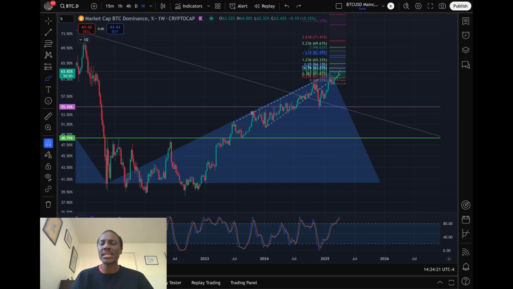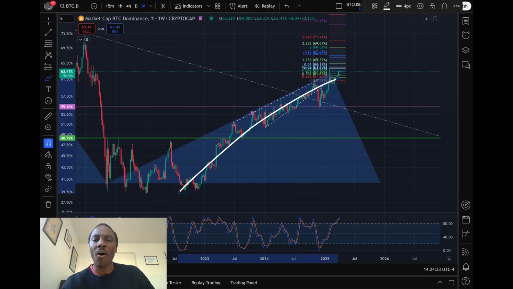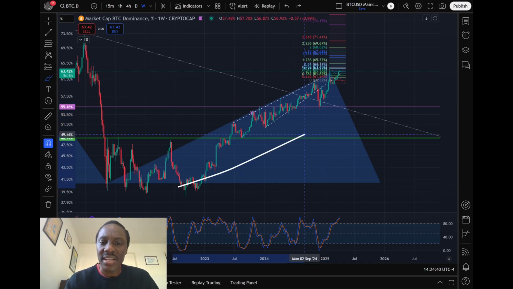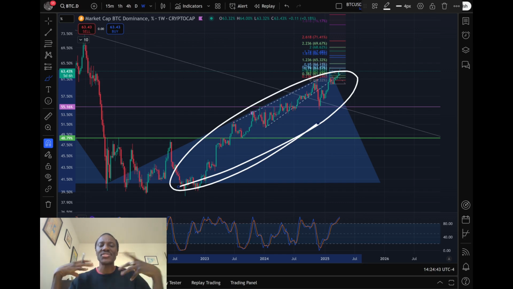Okay, that basically means that Bitcoin's beating altcoins in market cap gains. So that means either Bitcoin's going down and altcoins are going down more, or Bitcoin's going up and altcoins aren't doing much of anything but staying stagnant.